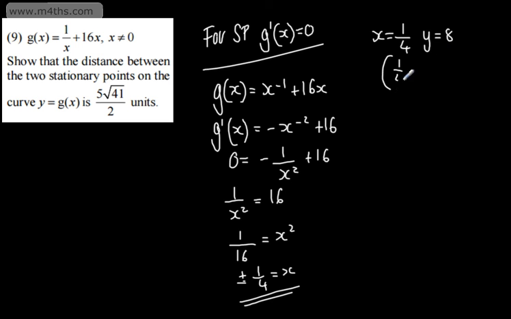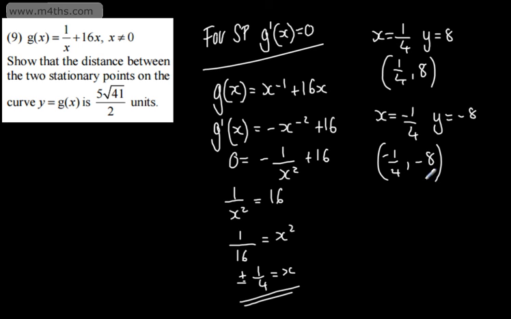So I've simply substituted that in, and we'll get 1/4, comma 8. When x is equal to negative 1/4, y will be, if I just substitute that in, exactly the same value. It's just going to be the negative, so that will be negative 8. So what we'll have is negative 1/4, comma negative 8.